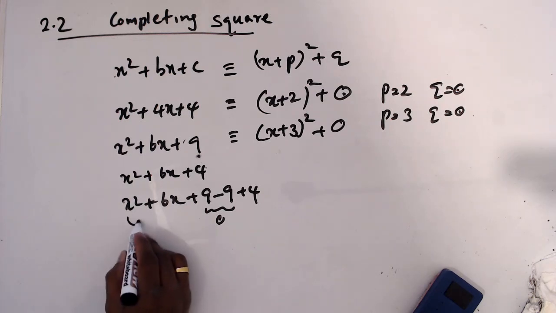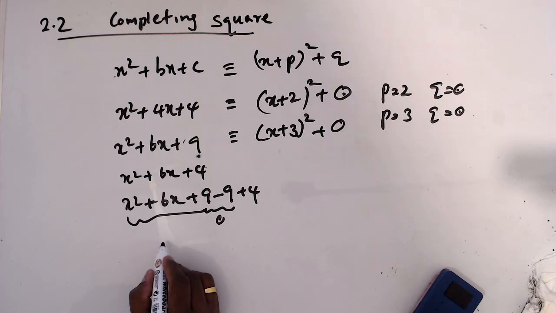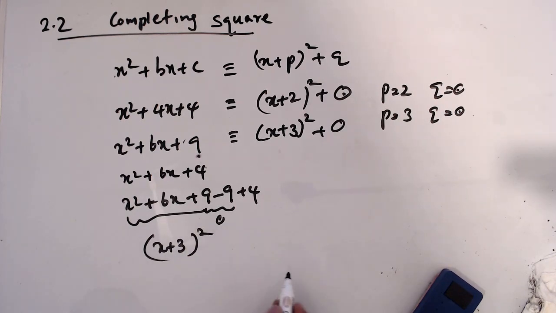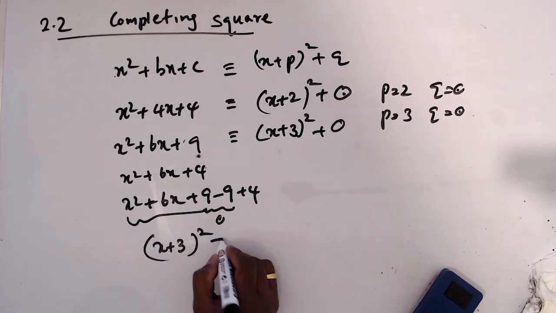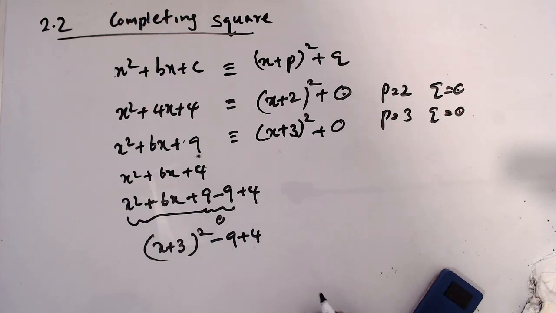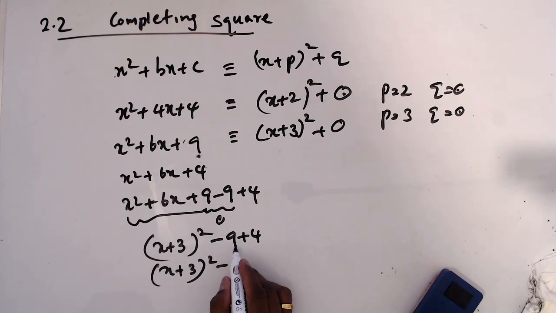Then I know that I can rewrite this one as (x plus 3) squared. And what are the remains? Minus 9 and plus 4. Then I can write (x plus 3) squared, minus 9 plus 4, minus 5.